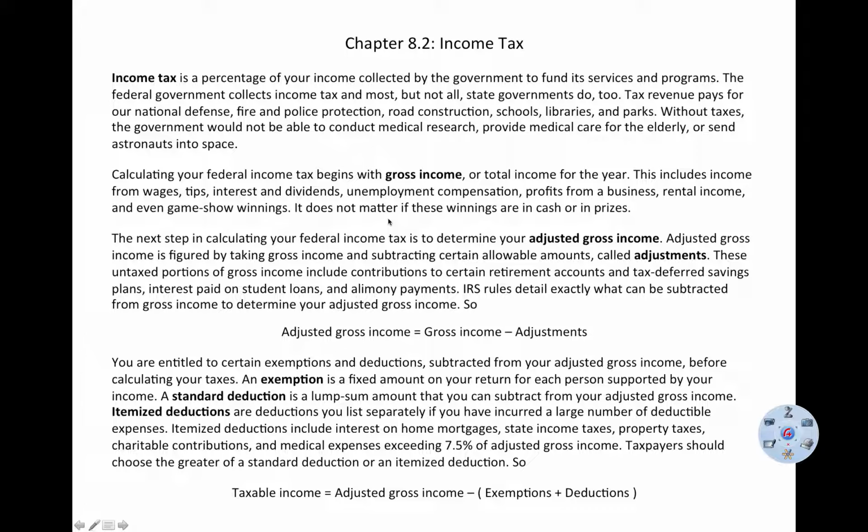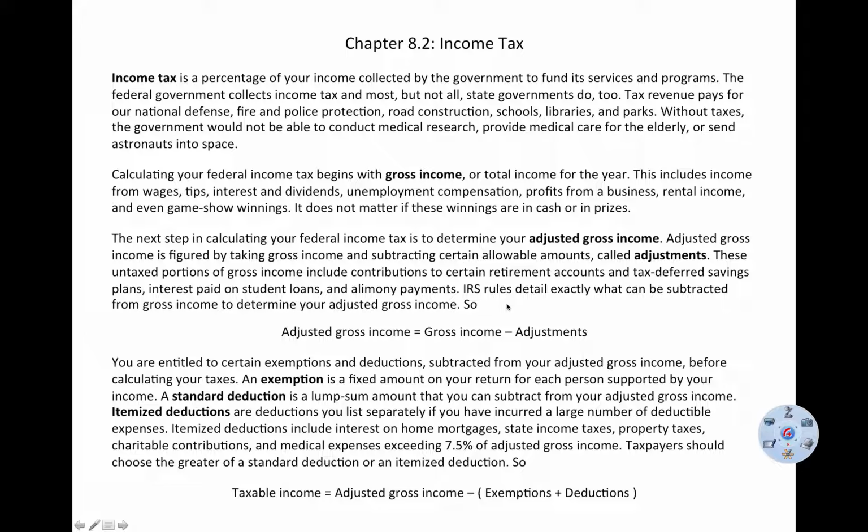Okay, the next step in calculating your federal income tax is to determine your adjusted gross income. Adjusted gross income is figured by taking gross income and subtracting certain allowable amounts called adjustments. These untaxed portions of gross income include contributions to certain retirement accounts and tax-deferred savings plans, interest paid on student loans, and alimony payments.